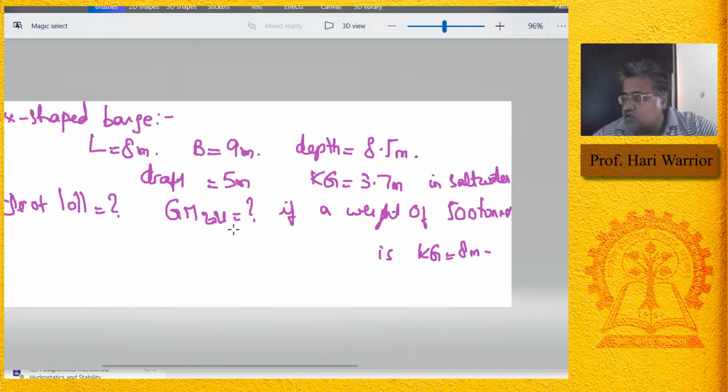Now, when you are adding this weight, you are adding to it a weight of 500 tons. When you add 500 tons to it, what is the final KG? We'll go step by step. What is the final KG?